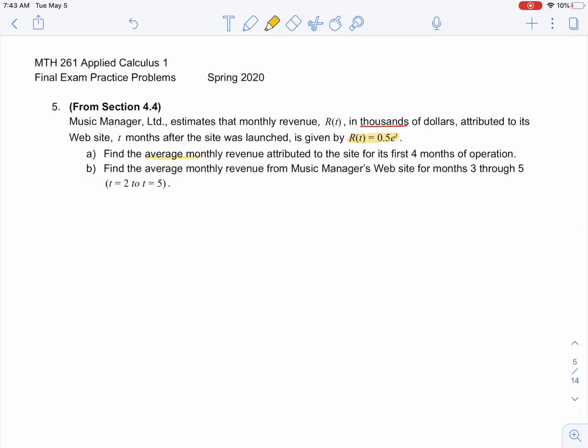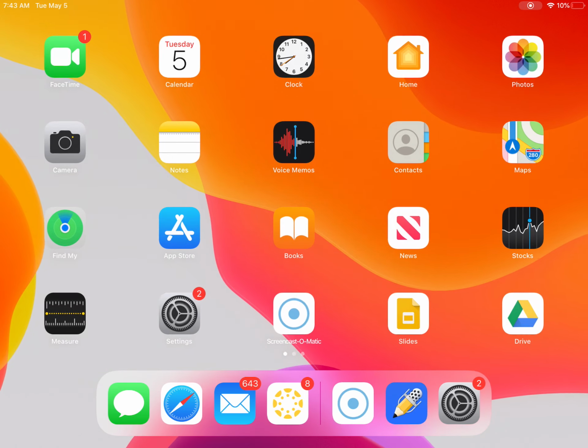We're going to find the average monthly revenue attributed to the site for its first 4 months of operation. Part of 4.4 was asked on your exam 3, but the average I never put on your exam.